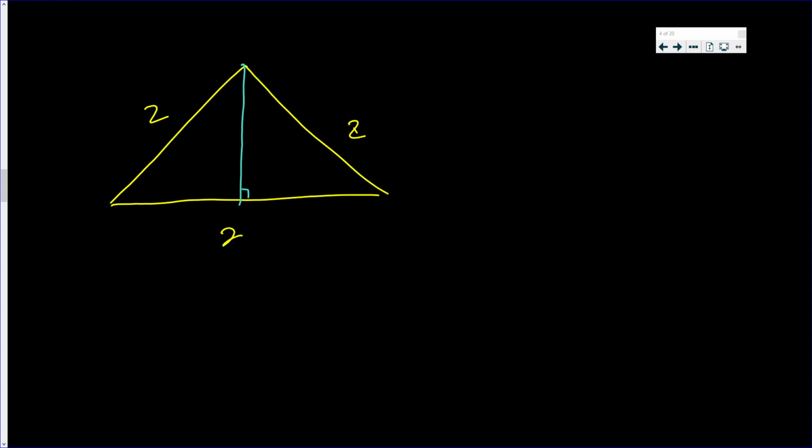Now, since it's equilateral, this angle is 60 degrees, this angle is 60, and this big angle is 60. But this triangle is extremely symmetrical. That is, these are each going to be 30.